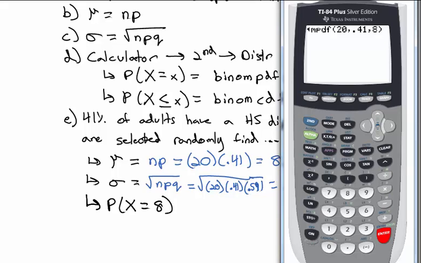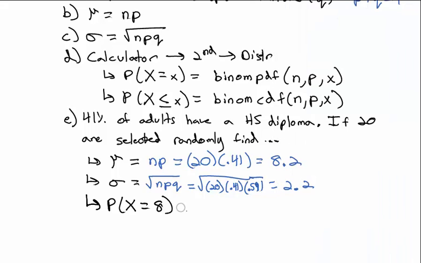The 83 calculators would have had to type 20, 0.41, 8. Either way, when we hit enter, you'll end up with our probability, which is 0.1790. So the probability that you actually get 8 is 0.1790.